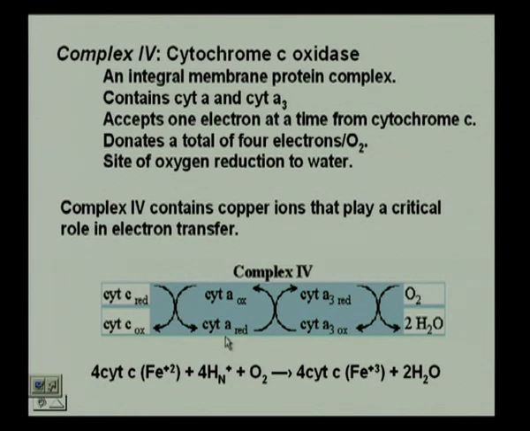The cytochromes have 1 iron in the heme, so they can take up 1 electron at a time. Like which system? Ubiquinone. Ubiquinone will form a semiquinone, then form a quinol. So, we have 1 electron at a time to cytochrome C, and 4 electrons given to oxygen.